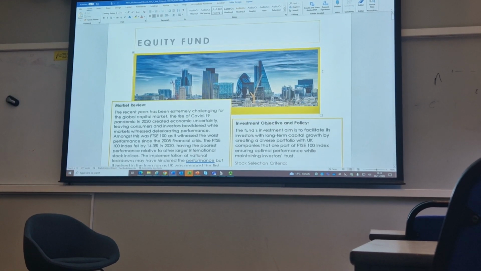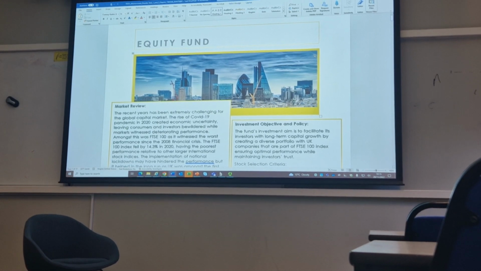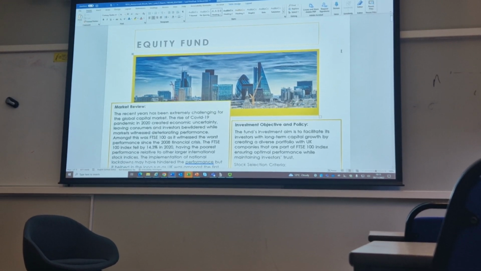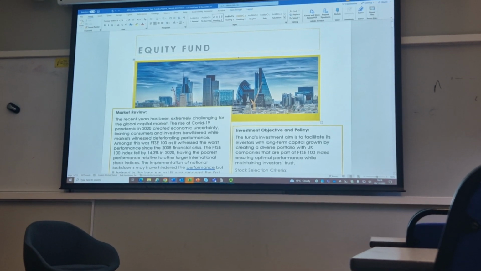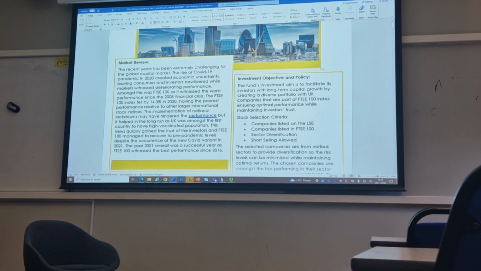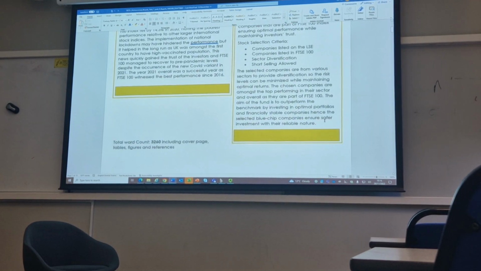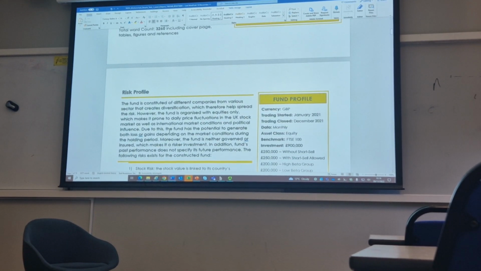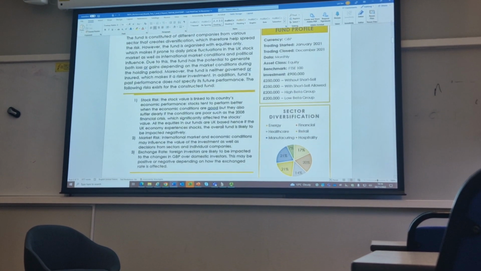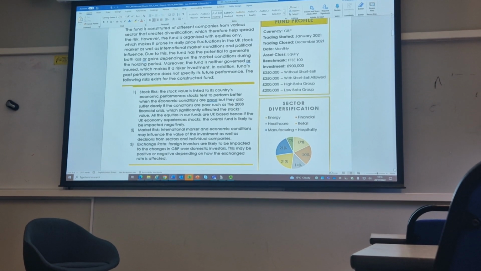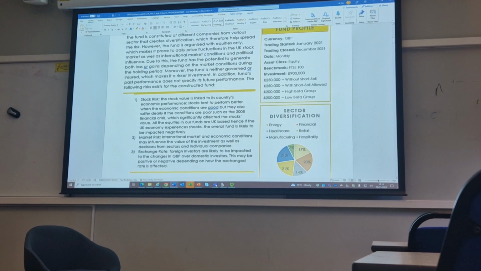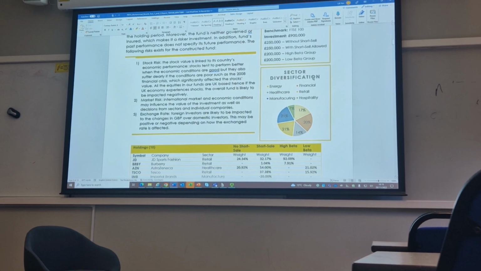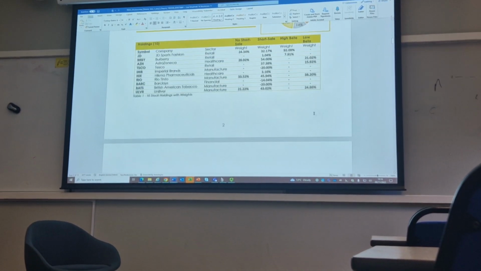So this is another example, another work done by the students from last year. Again we can see the market review, investment objective and policy, risk profile, fund profile. There's detailed information about the risks: stock risk, market risk, exchange risk, and sector diversification.